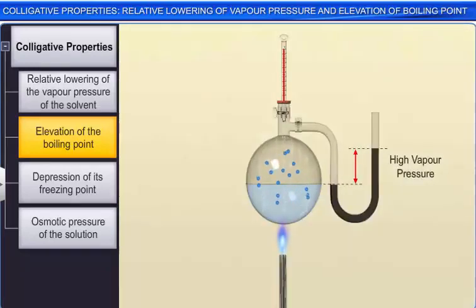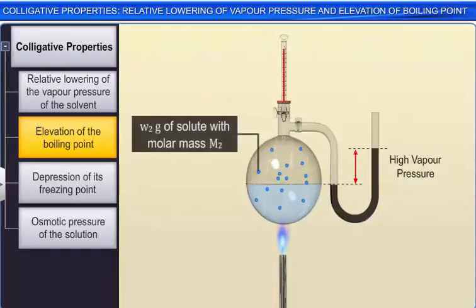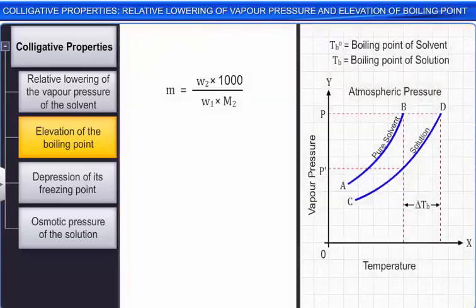If W2 grams of a solute with M2 molar mass is dissolved in W1 gram of a solvent, then molality m of the solution is given by W2 multiplied by 1000 divided by W1 multiplied by M2.